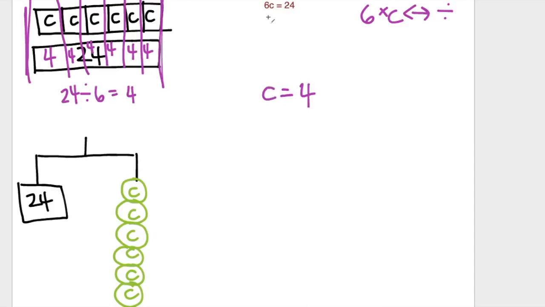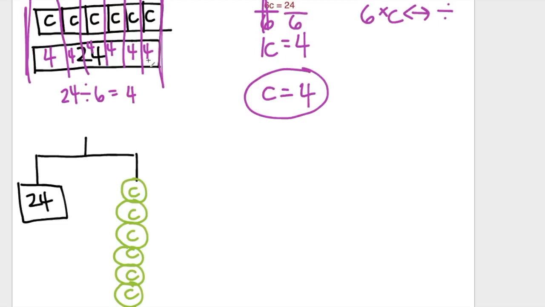So remember, you're trying to get c by itself, so you're going to take both sides and divide by 6. 6 divided by 6 cancels out to become 1. So 1c is left over on the left-hand side. 24 divided by 6 is 4. So 1c is equal to 4, or just c equals 4. In both cases, you are dividing, because if c is multiplied 6 times, to go backwards and figure out what each piece is tells you to divide.